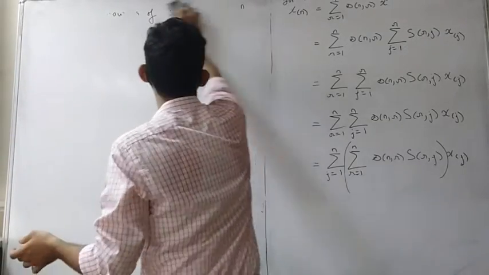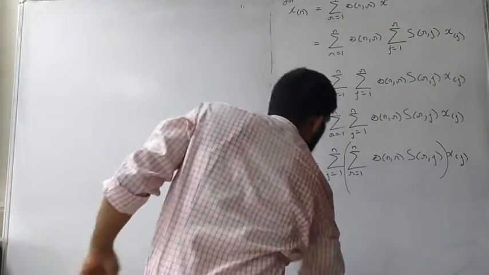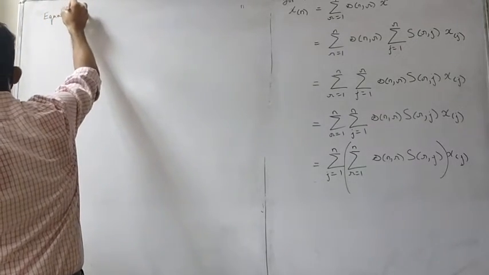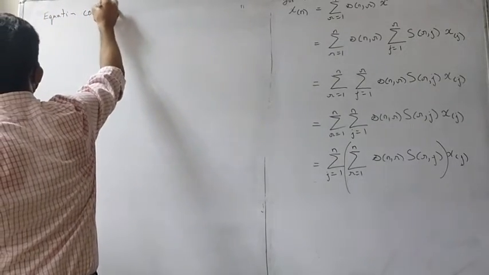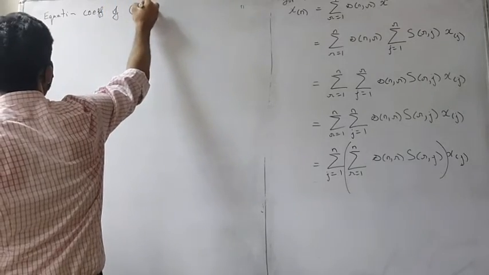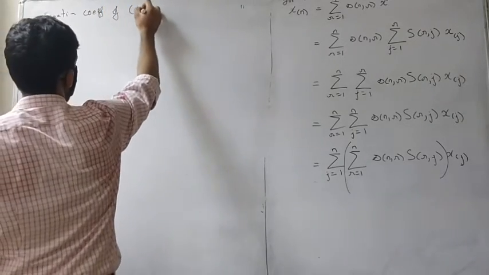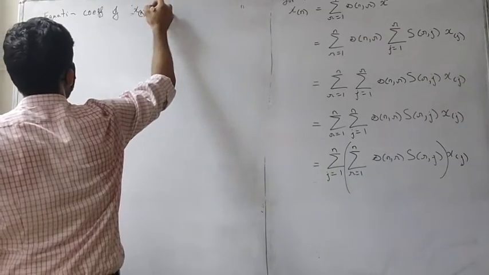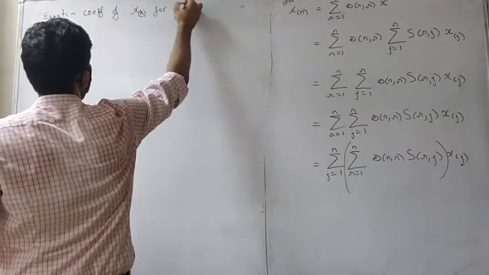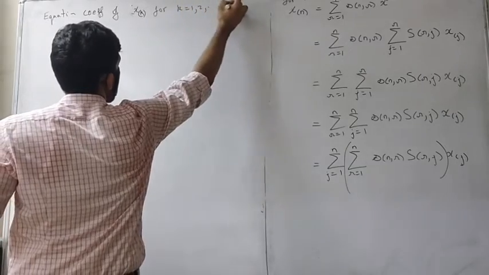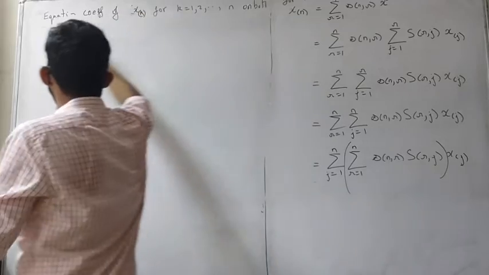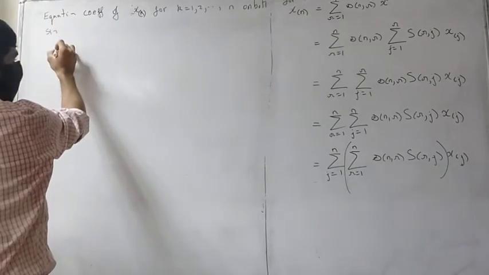And equating the coefficients of x^k for k equals 1 up to n on both sides, what do you get?